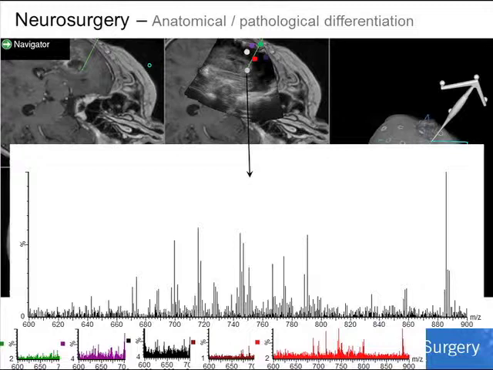In our original paper, which I'll come to in a second, in Science Translational Medicine, which we published at the end of 2013, we were able also to tell the origin of different types of brain metastasis based on the lipidomic spectra. So, I think we're just beginning to get started on mining these very large data sets for their clinically useful data. Next slide.